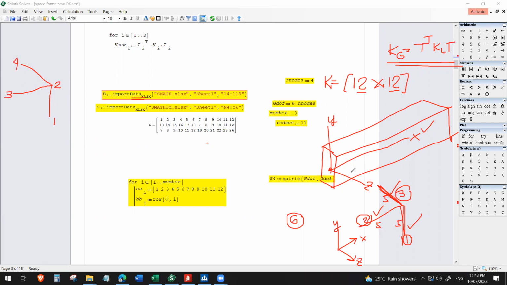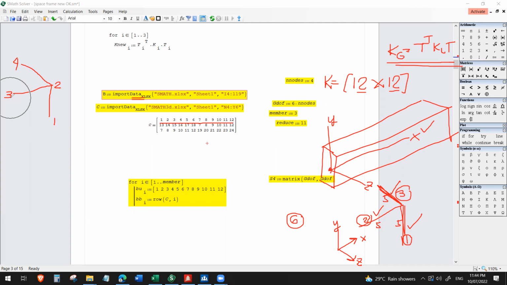Therefore, the incidence of member 1 is 1, 2, 3, 4, 5, 6, then 7, 8, 9, 10, 11, 12. Member 2, its incidence is 3 to 2.